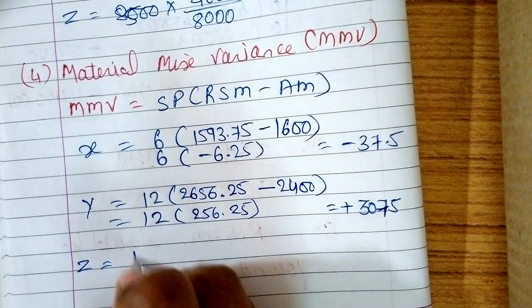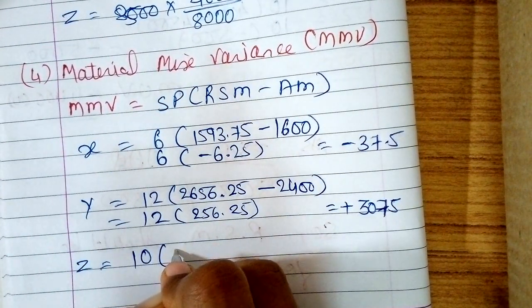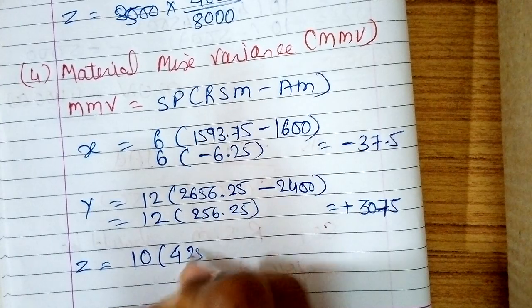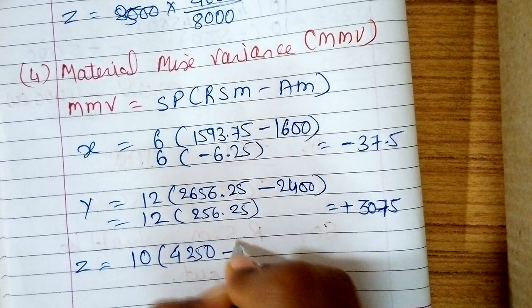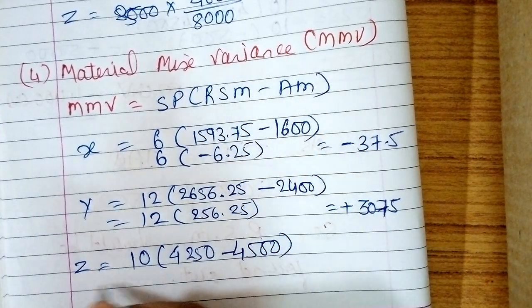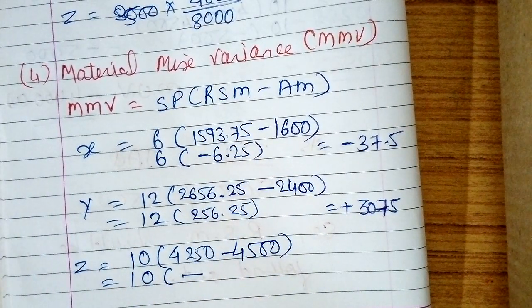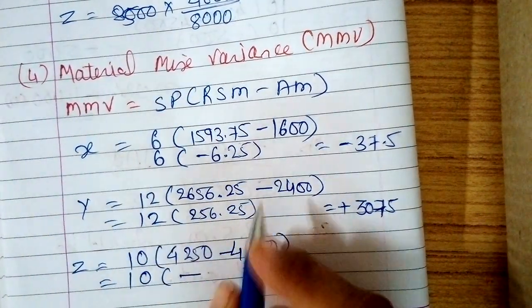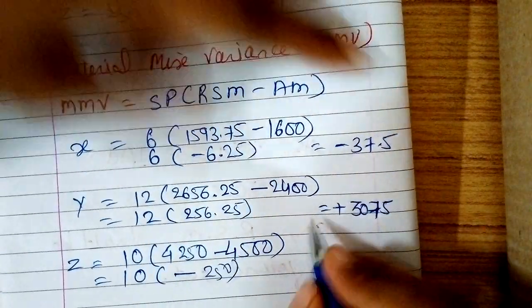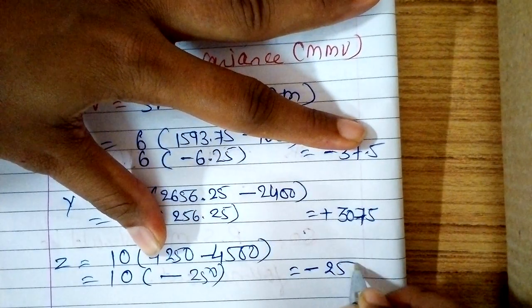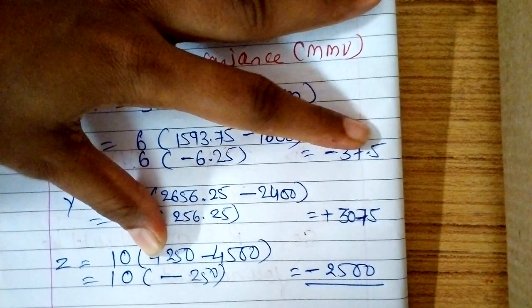So standard price is 10. Revised standard mix is 4250 and actual mix is 4500. So this would be negative 250, and the answer will be negative 2500.